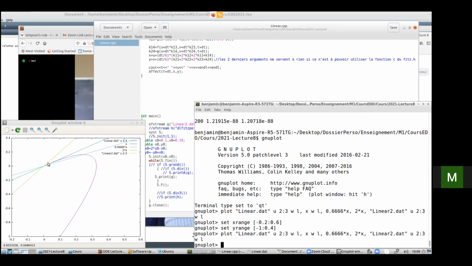Yeah, we cannot see. So let's do it again, because we don't see the solution here.